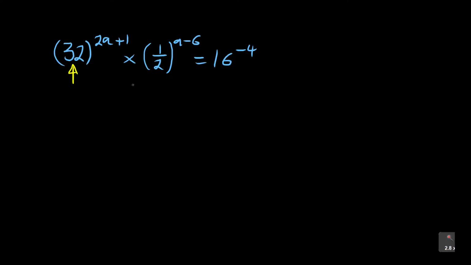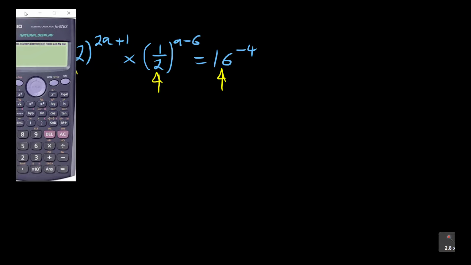Look at this. 32, 2, and 16. There must be something common, and the common there is 2. What am I saying? You can write 32 in terms of 2, you can write 16 in terms of 2, and you can write 1/2 in terms of 2. So it's always something that they're giving you that has some hint.